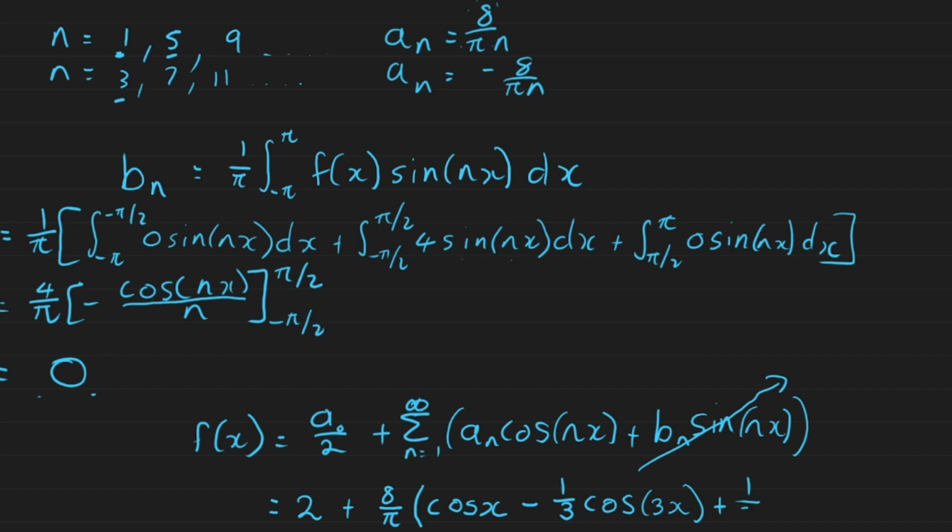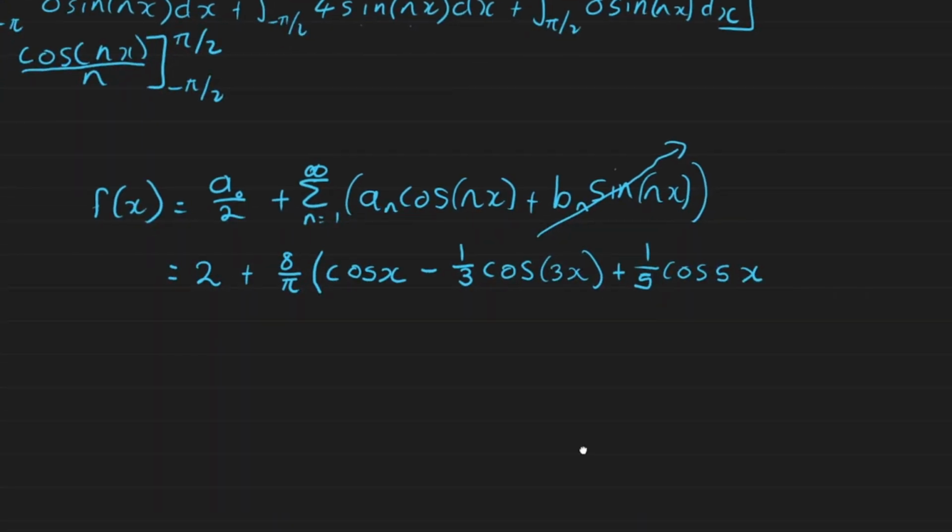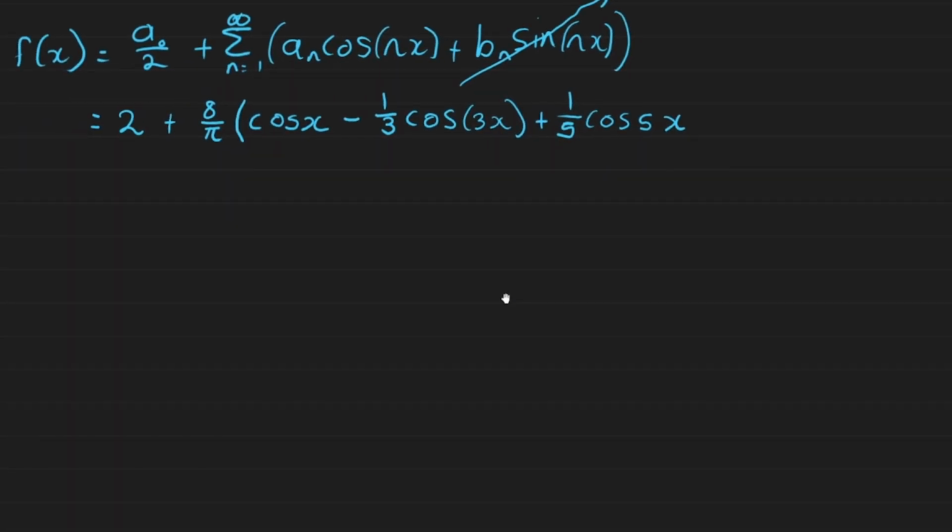So we have 1 over 5 cos 5x. So I think you can see where this is going. We can continue in that manner. So we just change it from plus, minus. So we have minus 1 over 7 cos 7x. And we can continue like that.